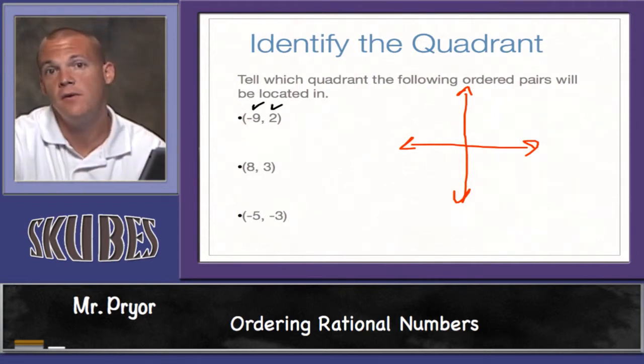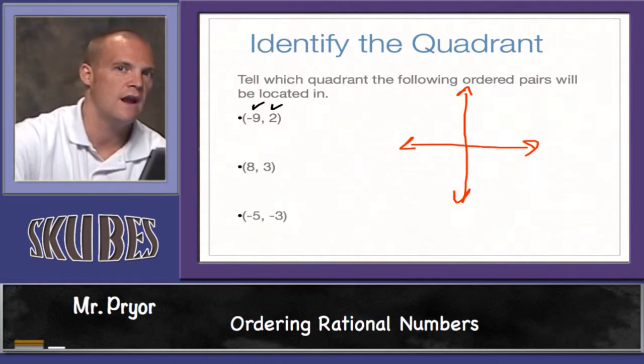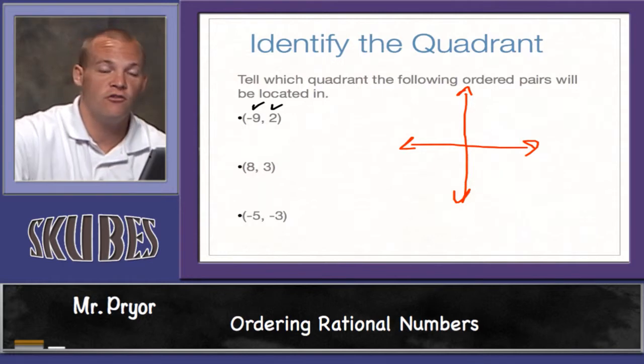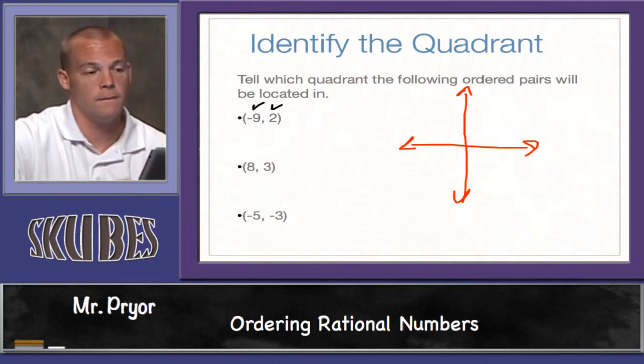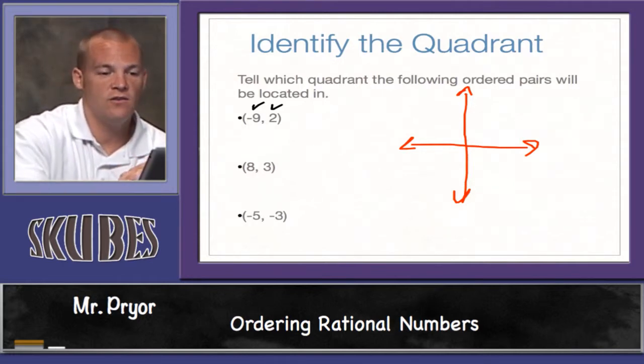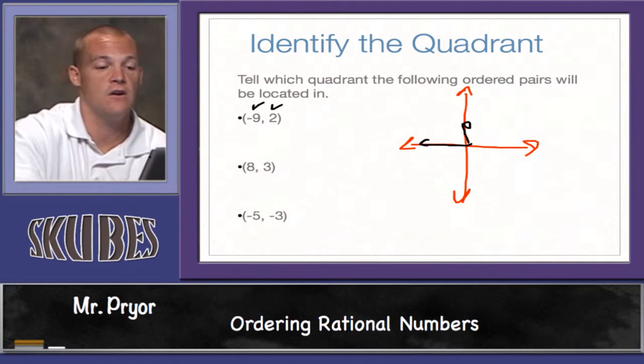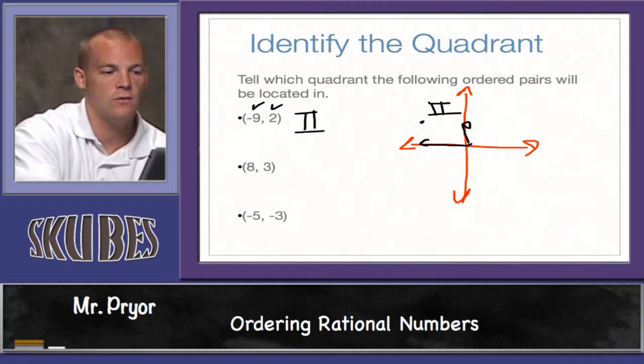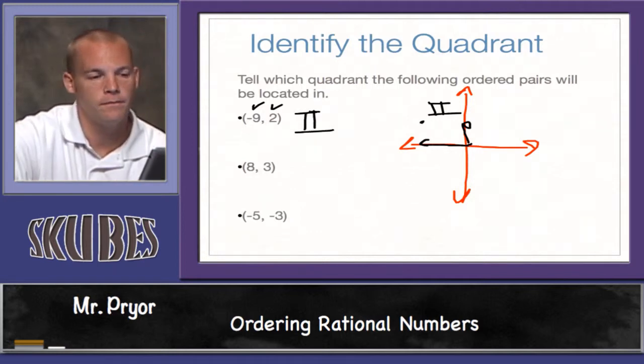Where is that going to end up putting me? If you're not quite sure how to plot a point yet, you may not know, so that's where you would reference the diagram we showed you before. Negative 9, 2 would take you 9 places to the left and 2 places up, and I will get you doing that in just a moment. That point would end up falling in quadrant 2. So for that answer, you would say quadrant 2.